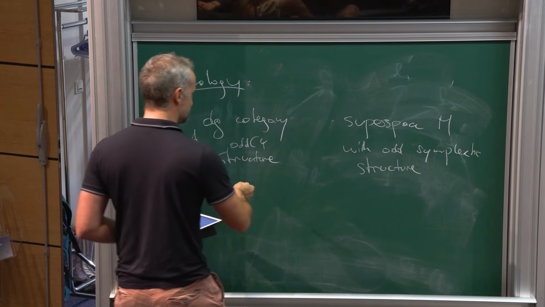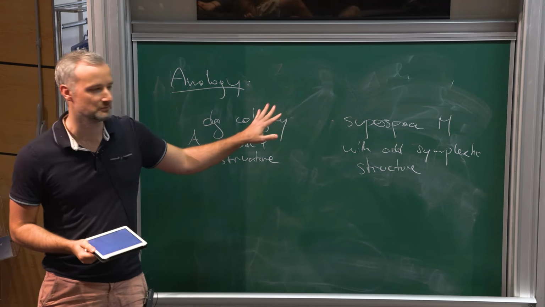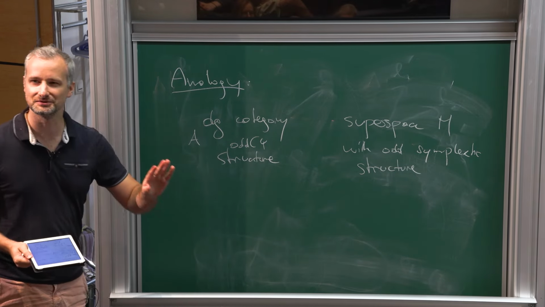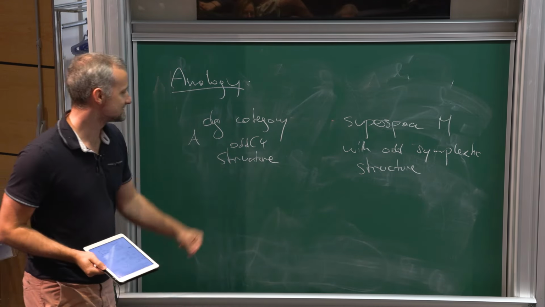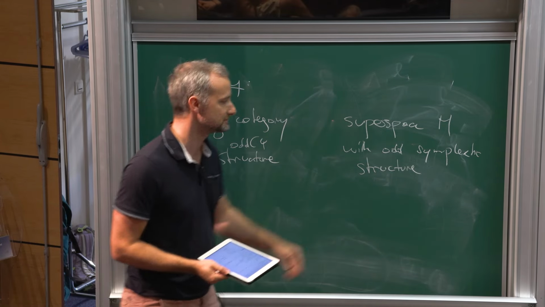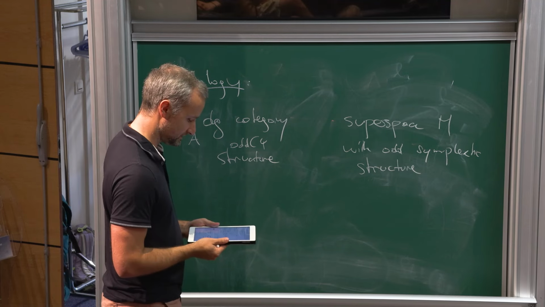For me, this is somehow like the non-commutative geometry I learned from Maxime, to view these DG categories as some kind of non-commutative spaces, with apologies to Denis, and this is the commutative, or supercommutative, world.